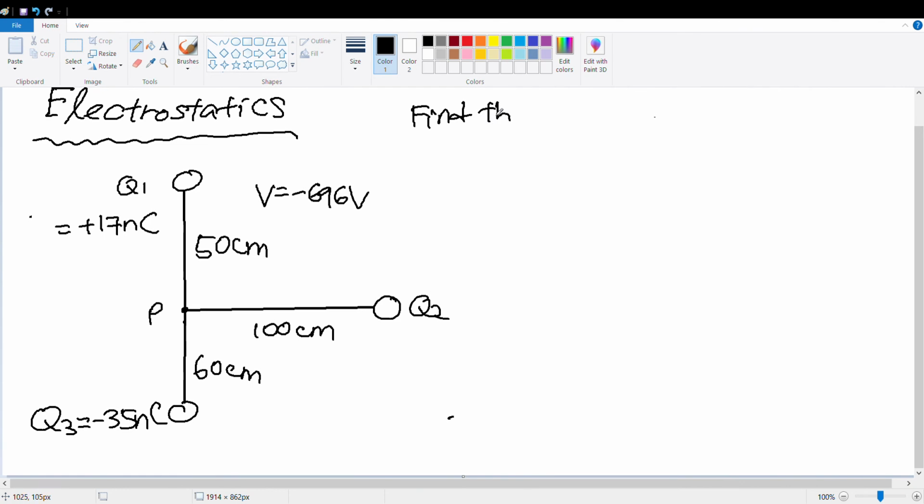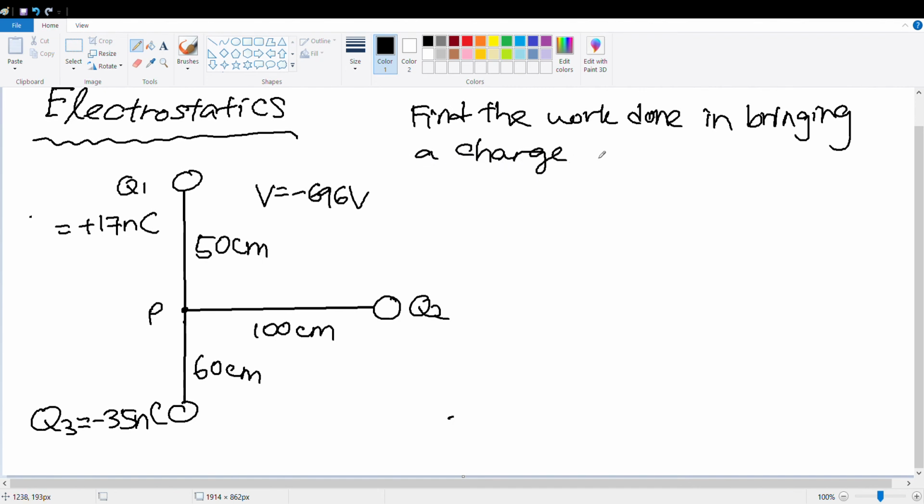Find the work done in bringing a charge of negative 40 nanocoulomb from infinity to point P.